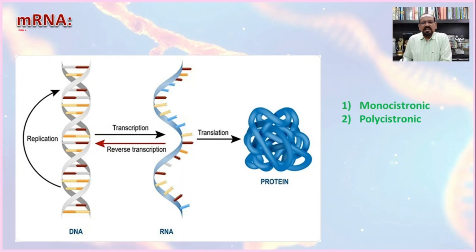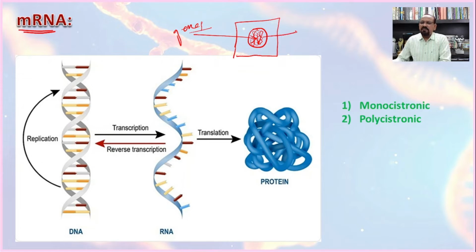Now, the first one, that is the mRNA. If you know the structure of the cell, then in eukaryotes there is a presence of the nuclear membrane and the DNA molecule is present in the nucleus. So this is responsible for carrying the genes.